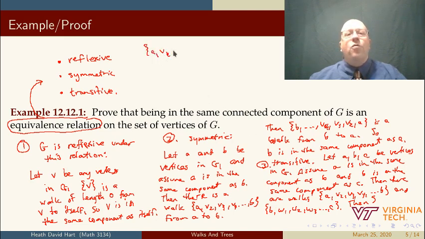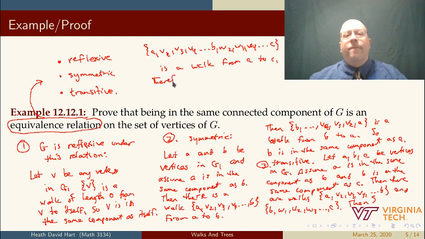A, V2, V3, V4, B, W2, W3, W4, C is a walk from A to C. Therefore, A is in the same component as C. That's a lot of writing, but none of these steps were hard.